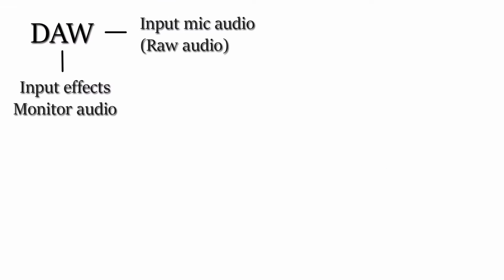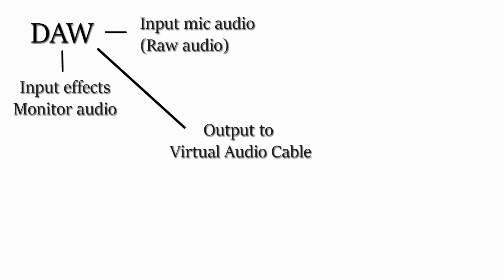all. So to explain the whole process in full, because I don't want to confuse anyone or make things too complicated, you first, as we've shown you already, started with the digital audio workstation, where you record your microphone audio, aka raw audio, and input the effects, the compression and all that, and you also click to monitor the audio so that it can be heard by the computer itself. Then you output that to a virtual audio cable.